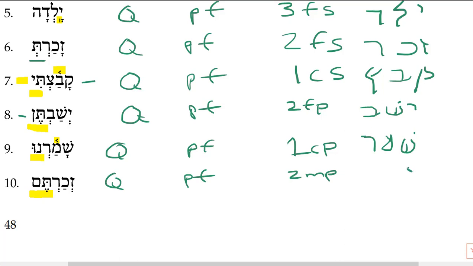And the root is zayin, kaf, resh. So zakar. And that would be remember. So this would be 2MP, 'you all, masculine, remembered.' So there's some examples of Qal perfect verbs and how to parse them.